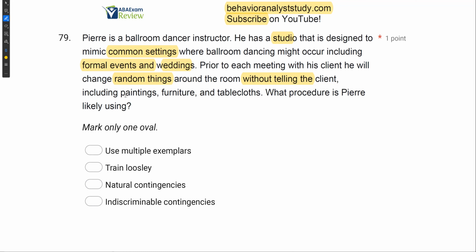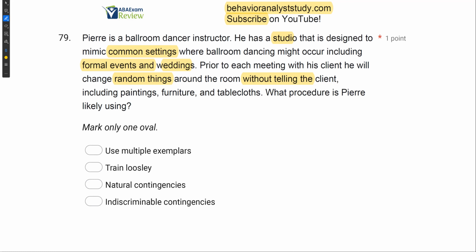What Pierre doesn't want is paintings or furniture and tablecloths to have stimulus control over his students' behavior. So he's changing these non-critical aspects. Therefore, no matter what the painting is or the furniture or the tablecloths, his students' behavior is under the stimulus control of the relevant stimuli. And that's the key difference. These aren't multiple exemplars. He's training loosely.